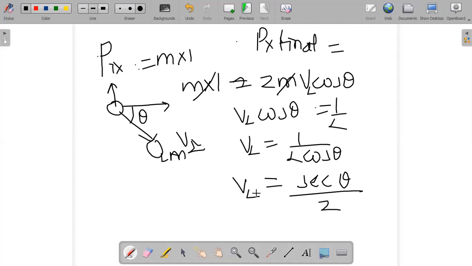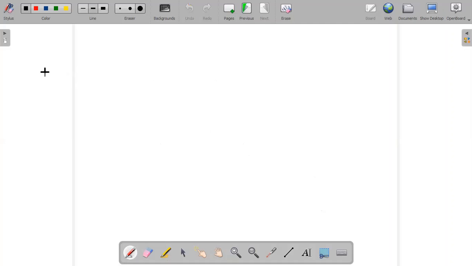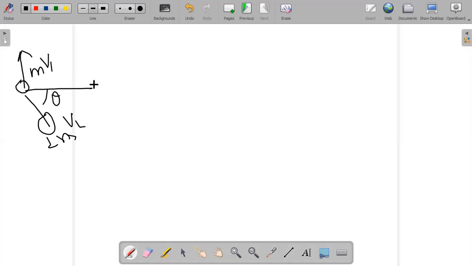Is this clear? Now let's try to see the momentum in the y direction. So let's quickly have the drawing. We have the smaller mass m moving with the velocity, let's say v1, and we have the 2m mass moving with the velocity v2, at an angle theta.